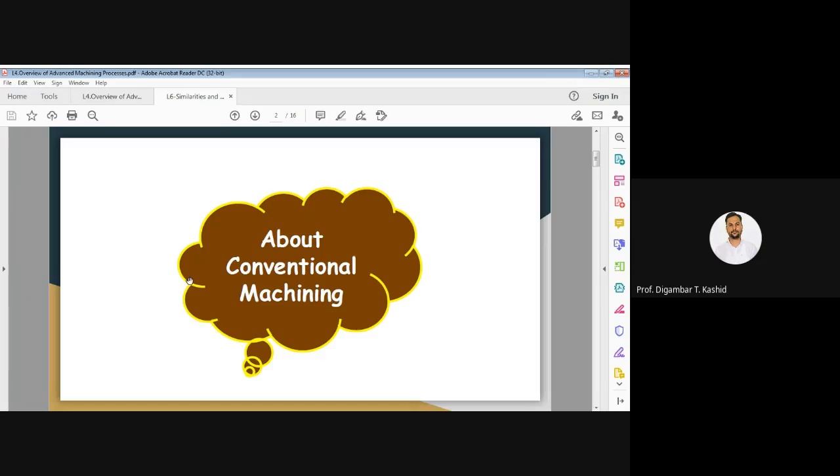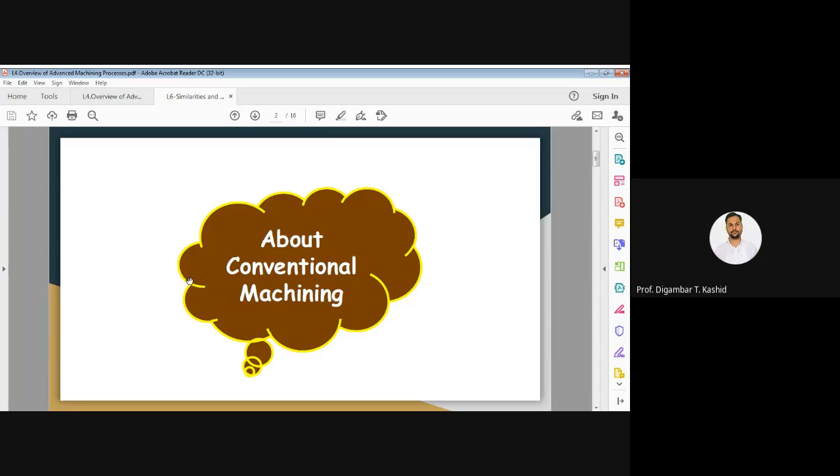To get the desired shape we need that cutting tool. It follows the subtractive manufacturing approach to fabricate a desired object.